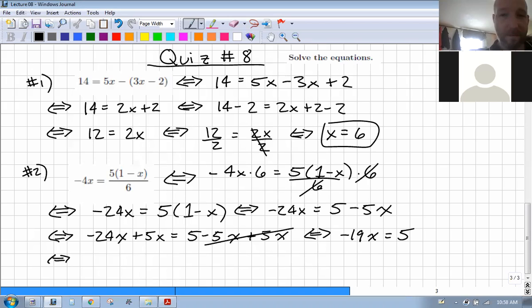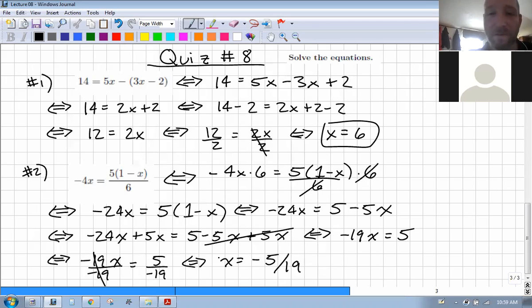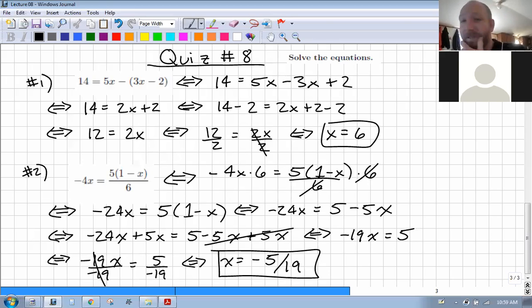Now to get to the x, divide both sides by negative 19. We have x equals negative 5 over 19. Any questions about that one? These can be difficult if you haven't seen them before. It's just going to take a lot of practice.